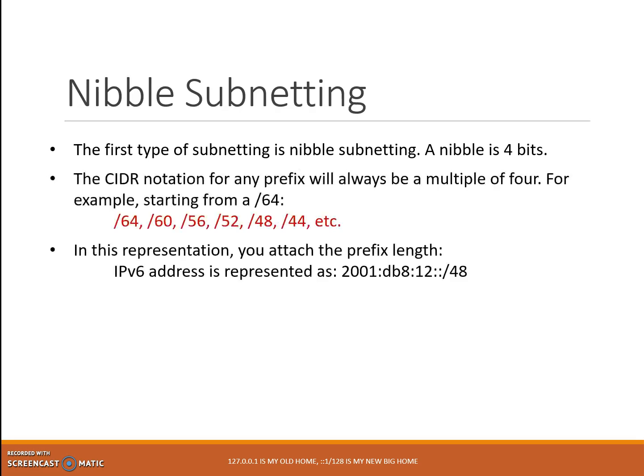According to CIDR notation, for any prefix we will always use a multiple of 4. For example, here /64, then /60, then /56, /52, /48, /44, etc.